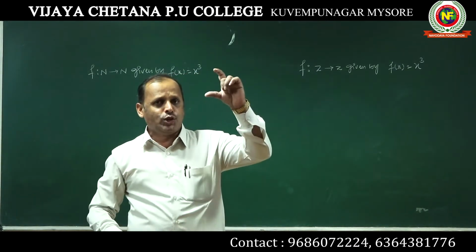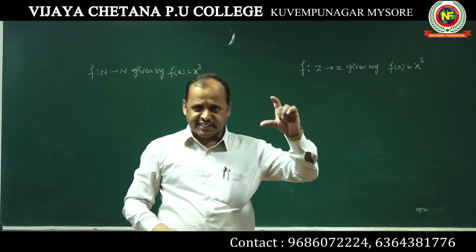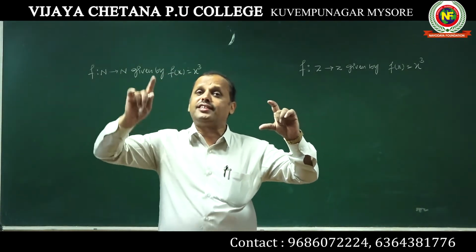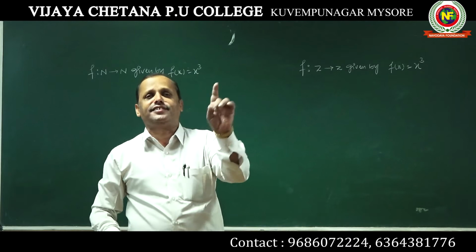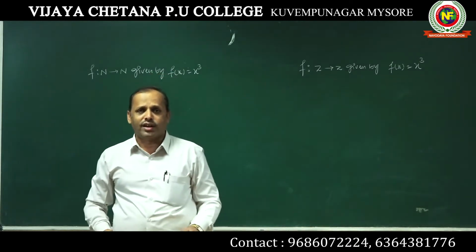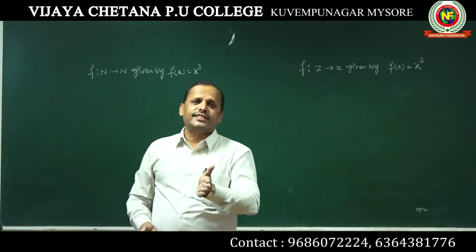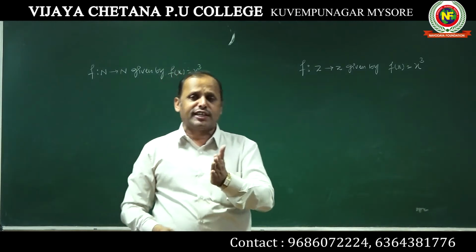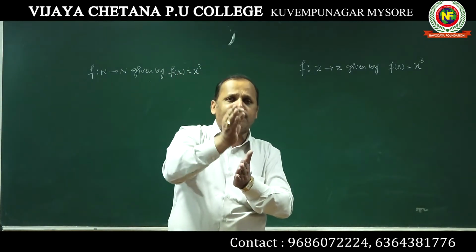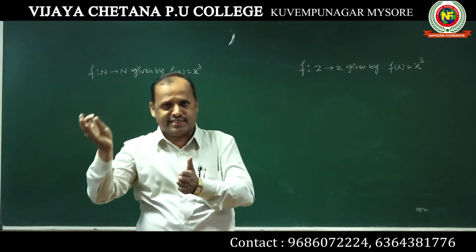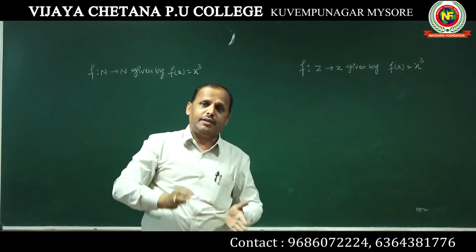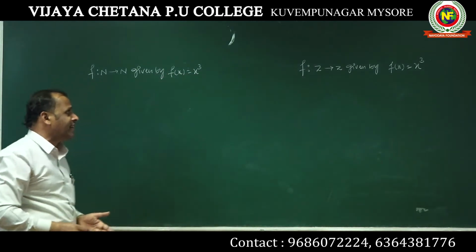For two different elements of the first set having the same image in the second set, it is not 1-1. It is not 1-1 because, by the definition of a 1-1 function, all the elements of the domain must have different images.